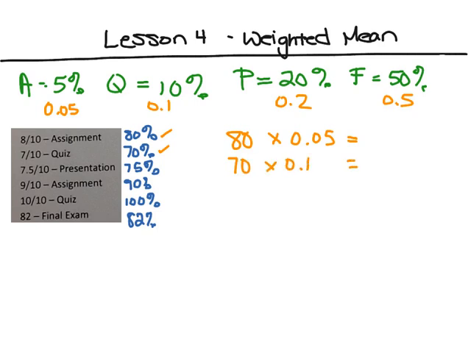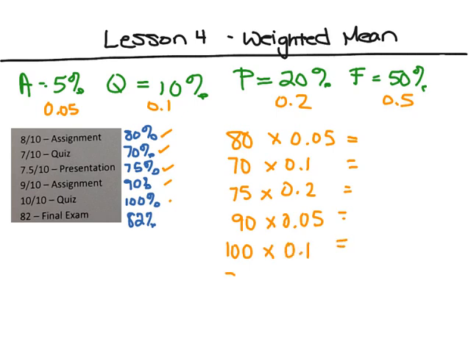Quizzes are worth 0.1. We have 75 times presentations are worth 0.2. We have an assignment, which is 90 times 0.05 because it's an assignment. We have a quiz that is worth 10%. And the final, which is worth 0.5.